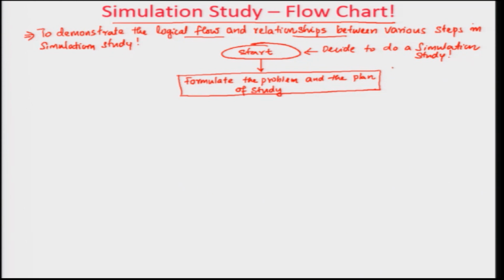Here we are talking about the goals and objectives, and we are deciding how to do the study, or how we envision the study to happen. I will just move slightly here to use the white space.